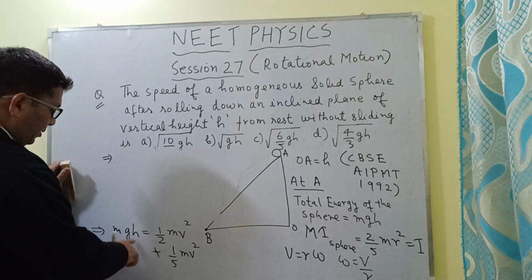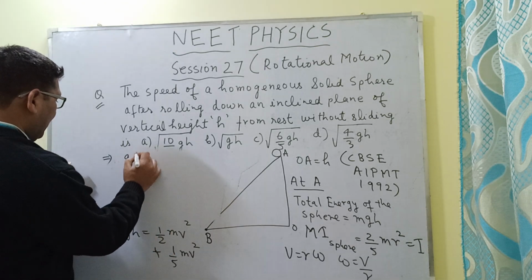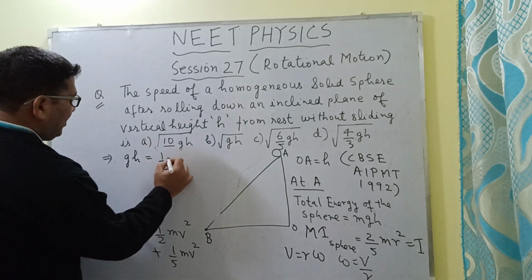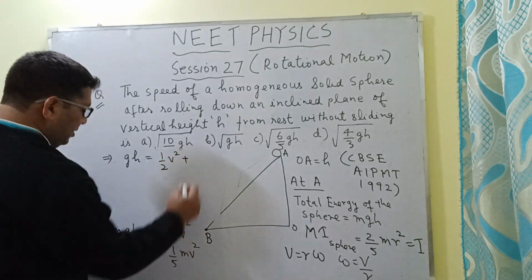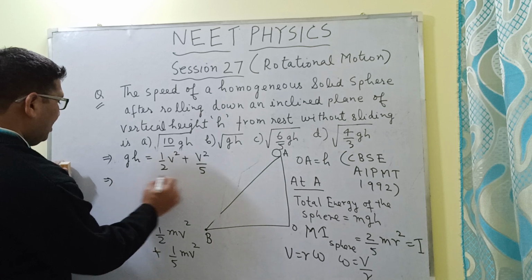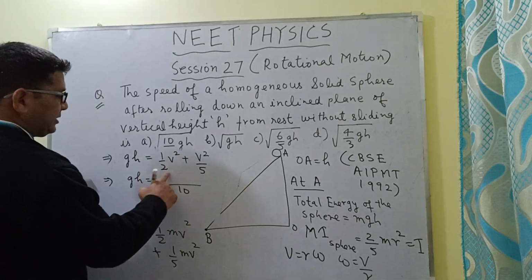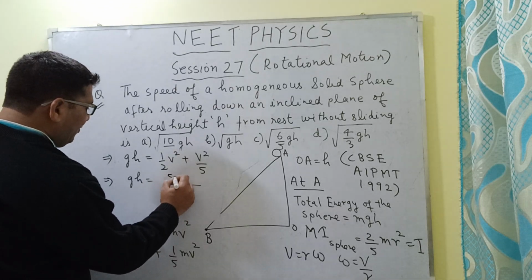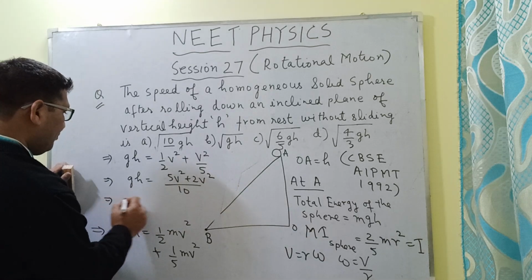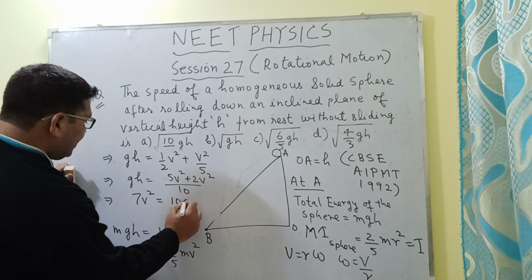This m will get cancelled out, so we get gh is equal to half v square plus v square by 5. Taking the LCM of 2 and 5, which is 10, gh is equal to 5v square plus 2v square over 10. So 7v square is equal to 10gh.